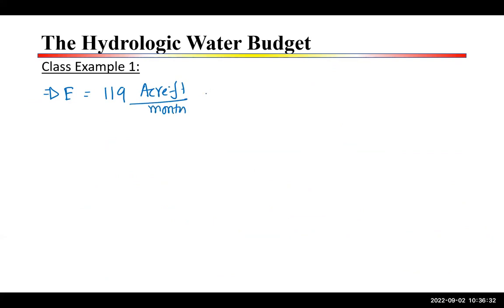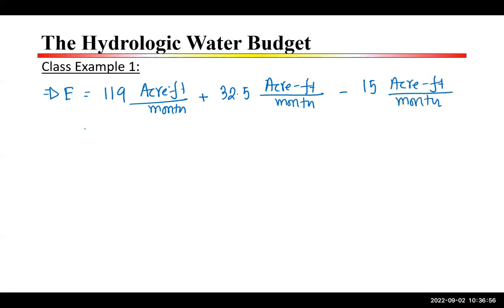What is the next one? 1.3 multiplied with 300, over 12, 32.5 acre feet per month. And the very last one was already 15, right? Okay, so what is the very final number?